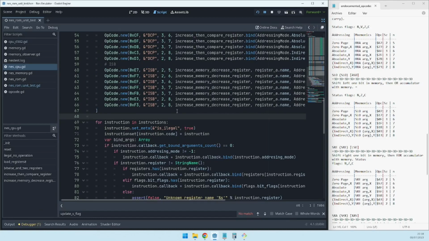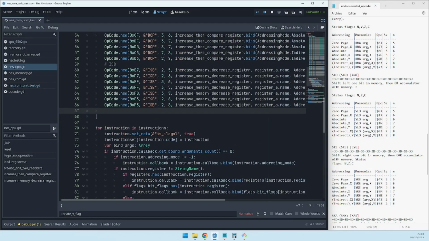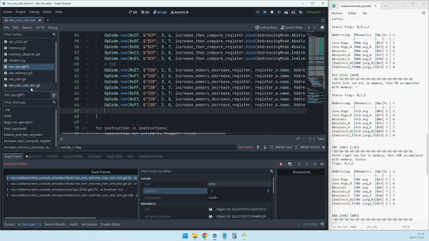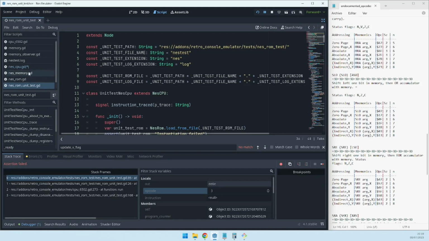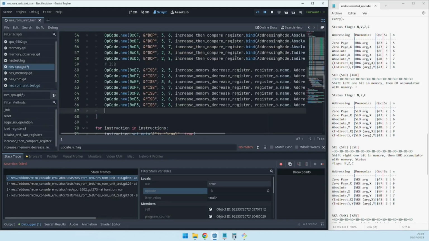So let's hide this a little. The output is not complaining because we are not opening this. So whatever error we are getting, it happens on the parsing of the GDScript. So as long as we don't need to change this file, it seems to be not complaining, and that is cool. So this one is SLO.